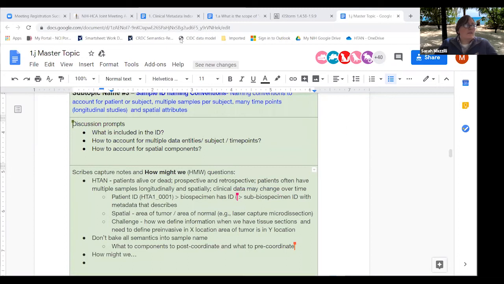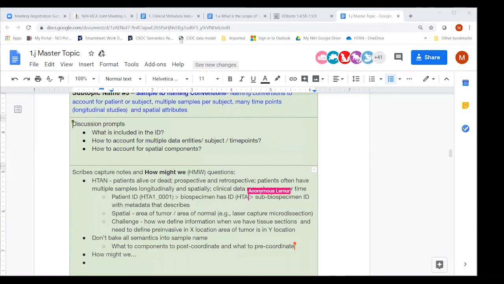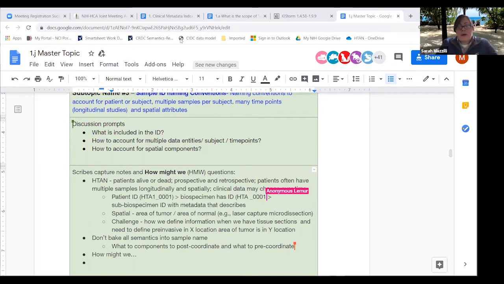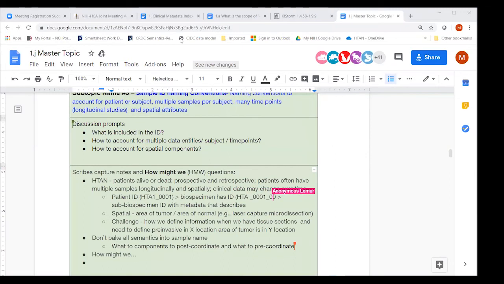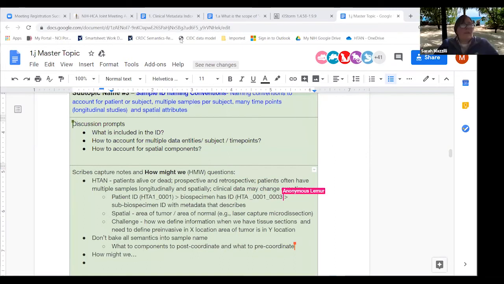So this 001 might be the patient, then it would be _001, and then it would just be the biospecimen ID, for example. And this is as long as the ID's naming will go. This patient 1 might have 1 through 50 different biospecimen IDs, which would then have metadata that would delineate time or what type of sample and so on.